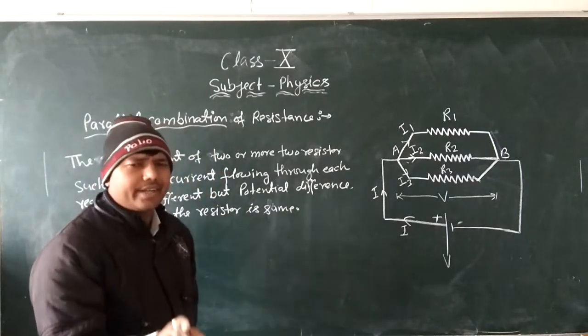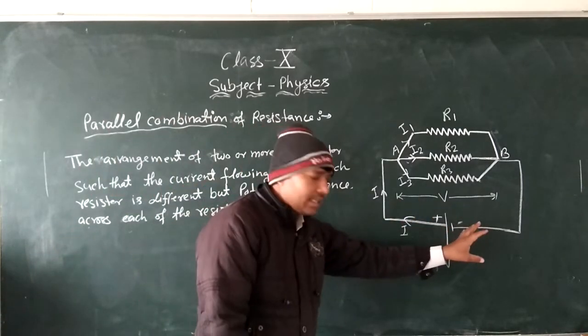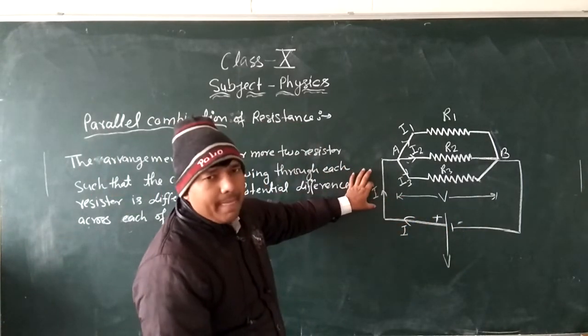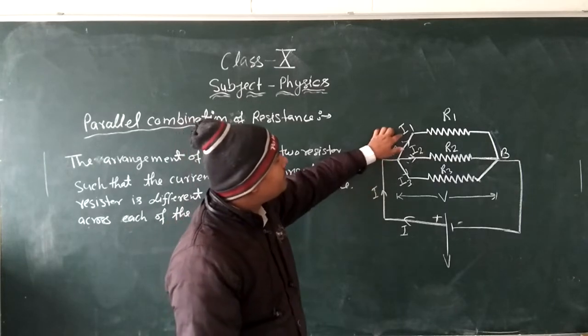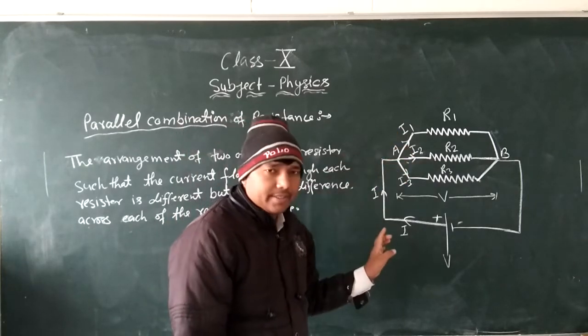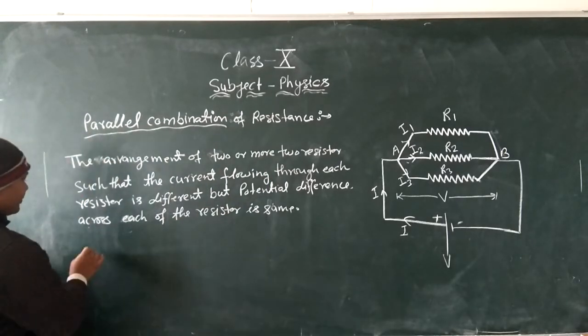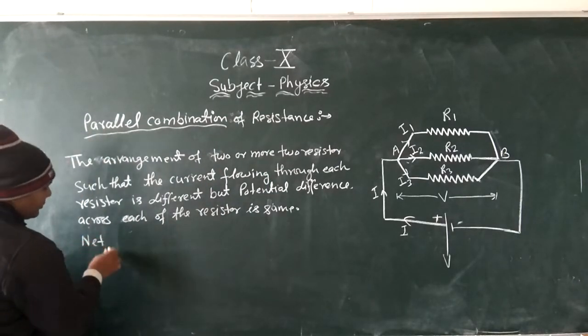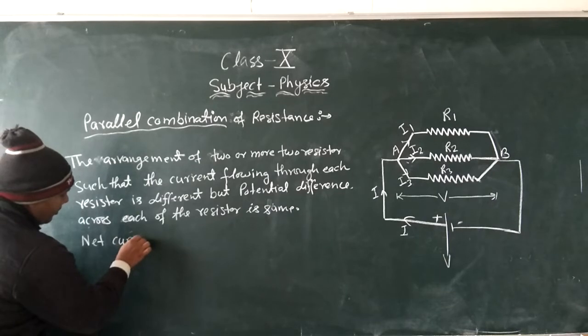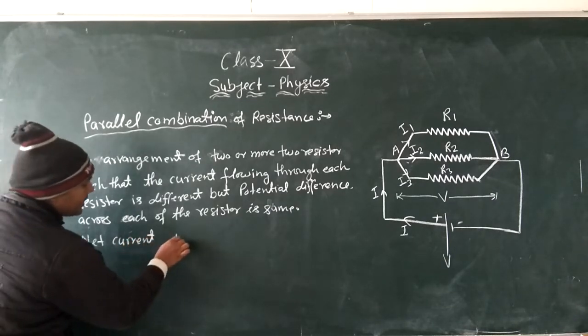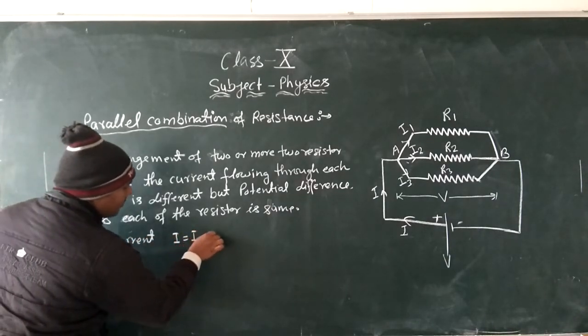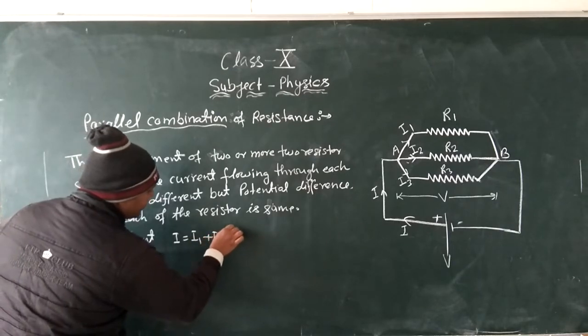Therefore, we can say that the net current through the circuit, net current I, is the sum of I1, I2 and I3. Therefore, I is equal to I1 plus I2 plus I3.